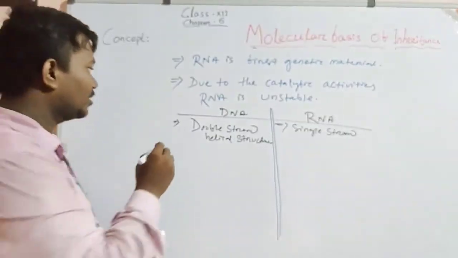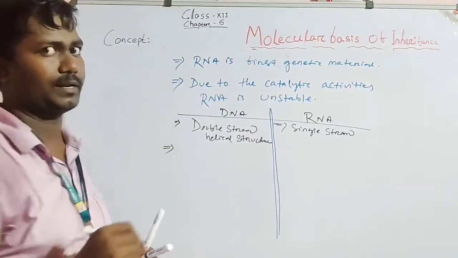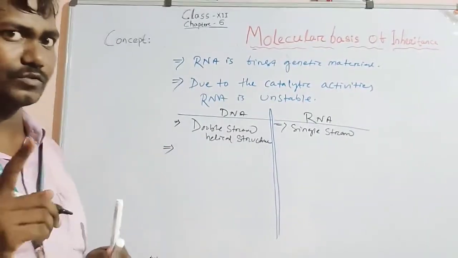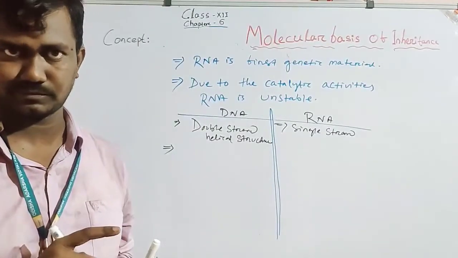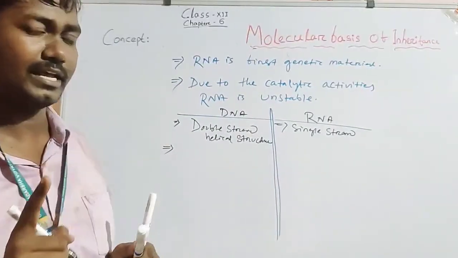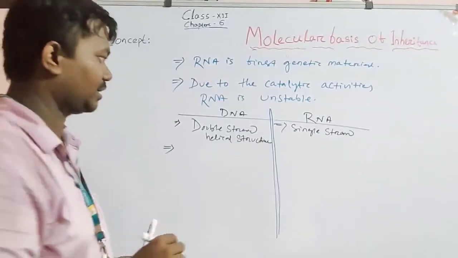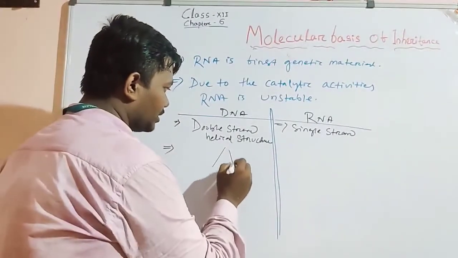Then come to the sugar. The sugar present in DNA is deoxyribose, and the sugar present in RNA is ribose. Come to the structure.